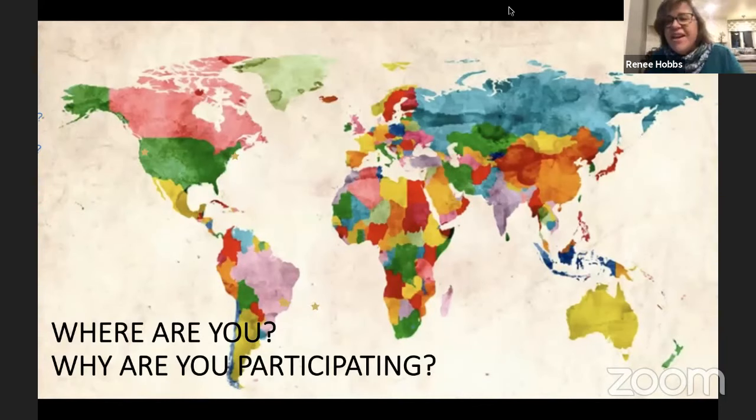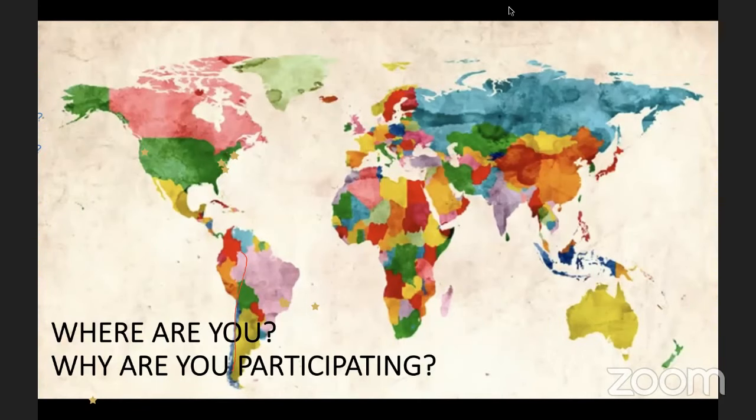There's a star from Brazil. Can you introduce yourself while you're putting your stamp and tell us a little bit about yourself, please? If you're just joining us, we invite you to try out the annotation function, put a star on the map for where you're located, and introduce yourself. Okay. Hi, everybody. My name is Cristiane Parente.